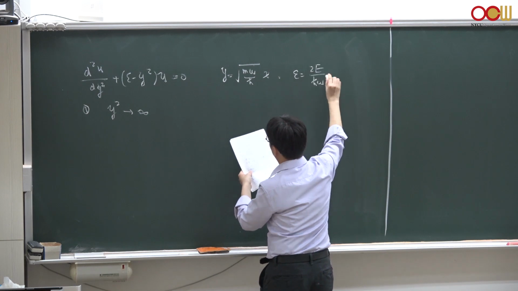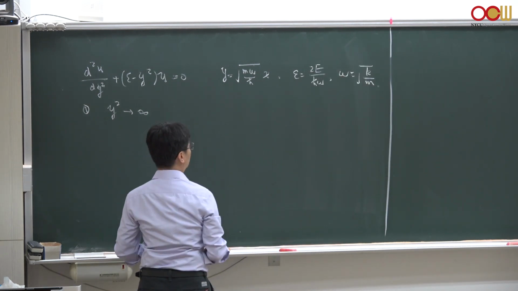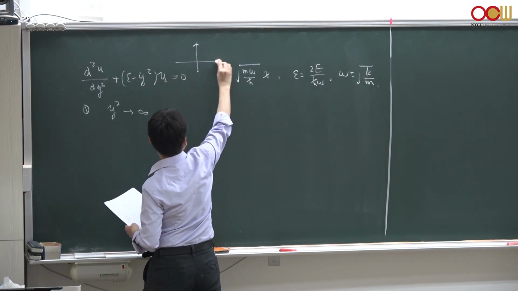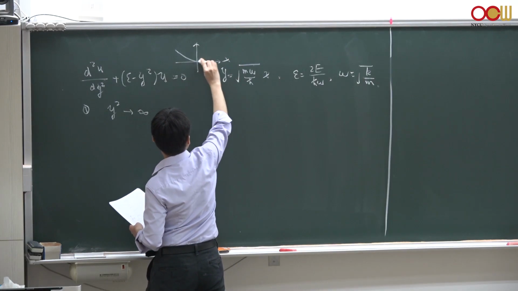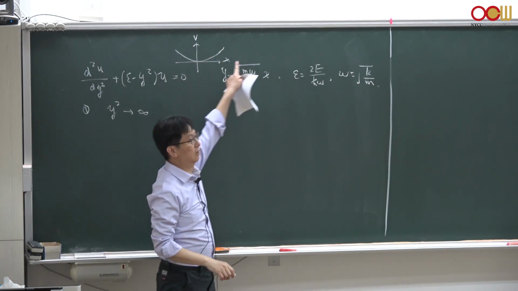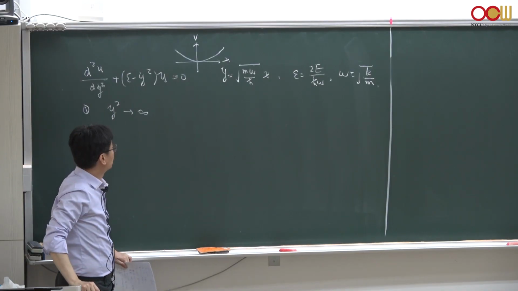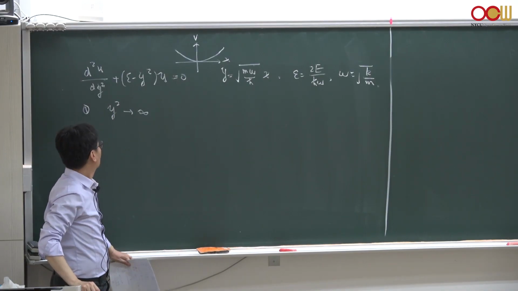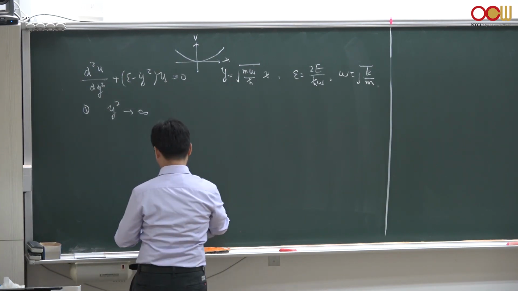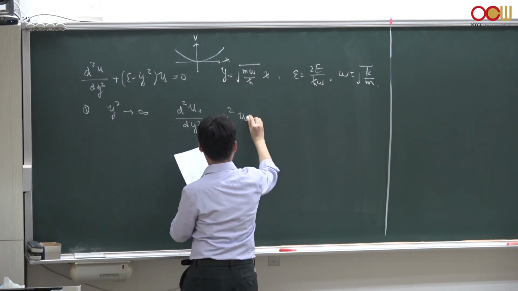Epsilon and omega. So let's look at this limit when y goes very large, which means that x goes very large, at far away positions of x relative to the origin, and the solution is really, really simple. So let's just look at this extreme limit.